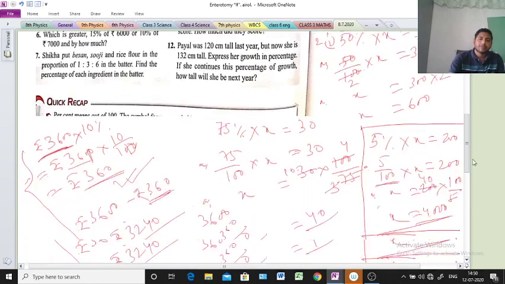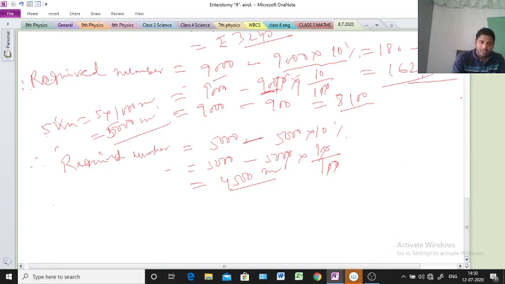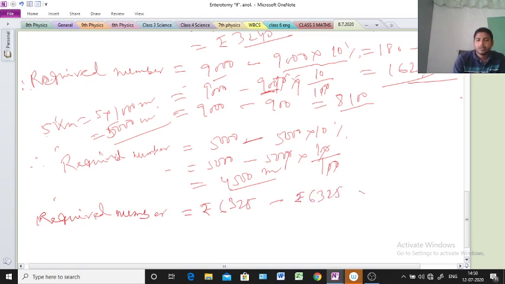So I am writing here, required number equal to Rupees 6325 plus Rupees 6325 into 5%.